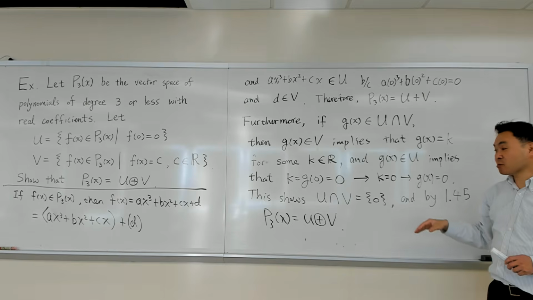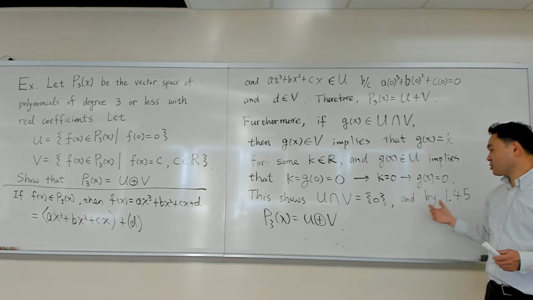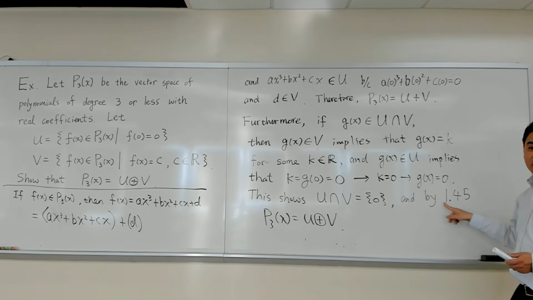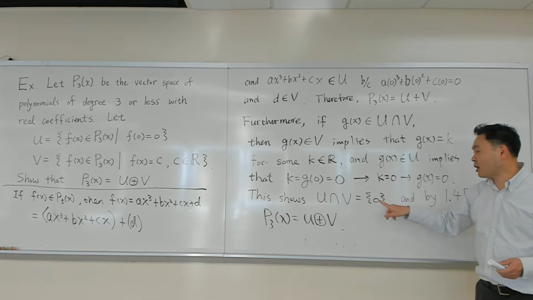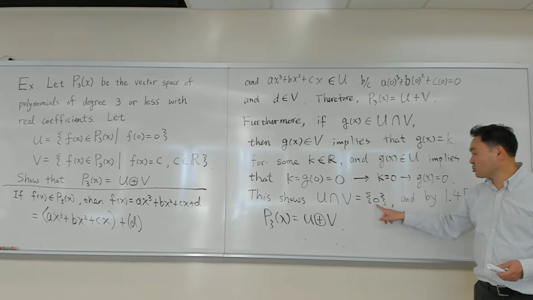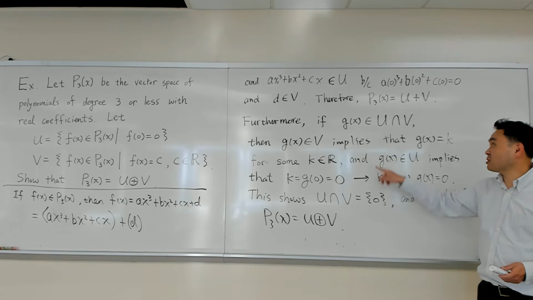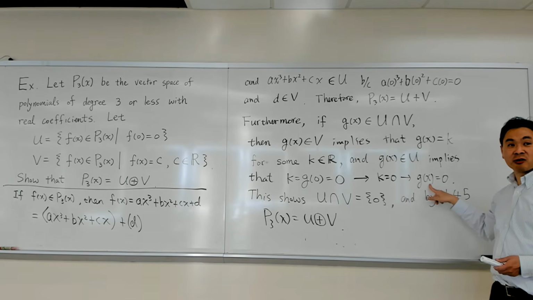My real thinking process is, well, usually if you have two sets and you want to show direct sum, this 1.45 does it. It's the easiest way to do it. Now, therefore, I need to show this. How am I going to show this? Well, what kind of property does a set with only 0 element have? It has the property that no matter what you pick from it, you end up being forced to have 0, right?